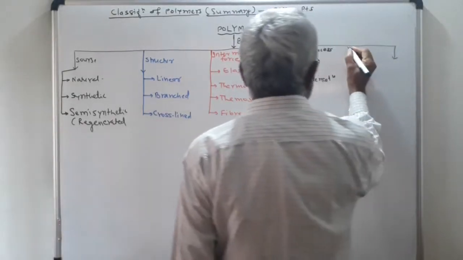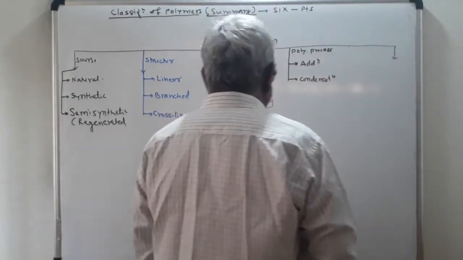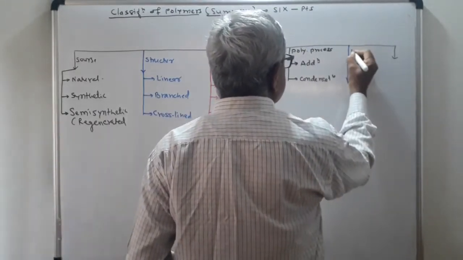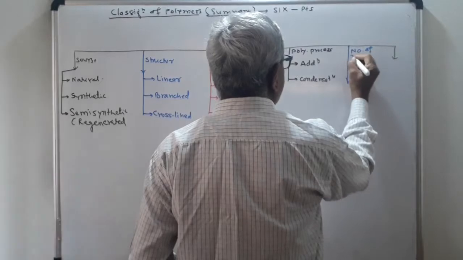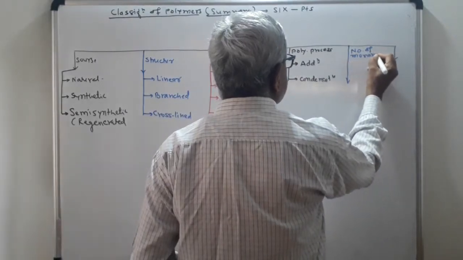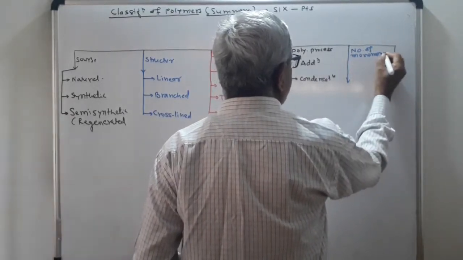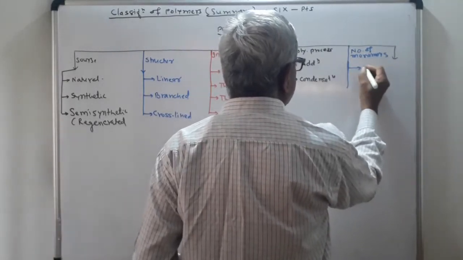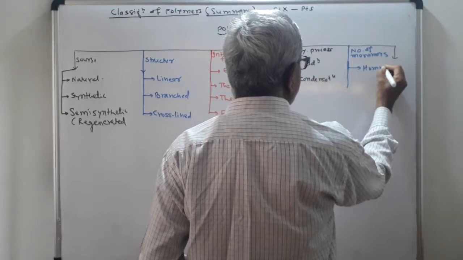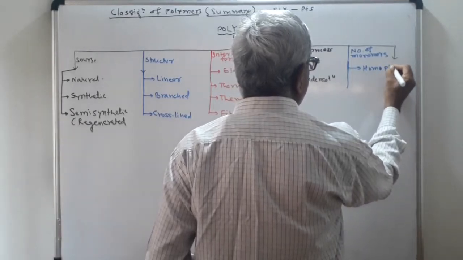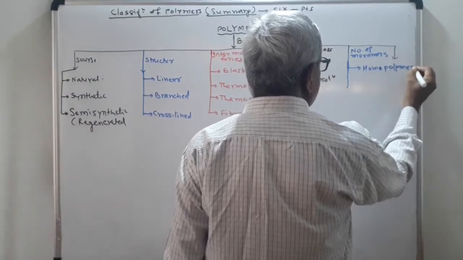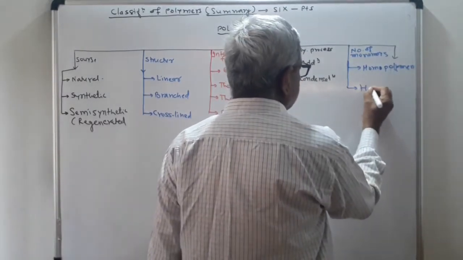These are again classified on the basis of number of monomers into two groups. One is homopolymers, and second is heteropolymers.